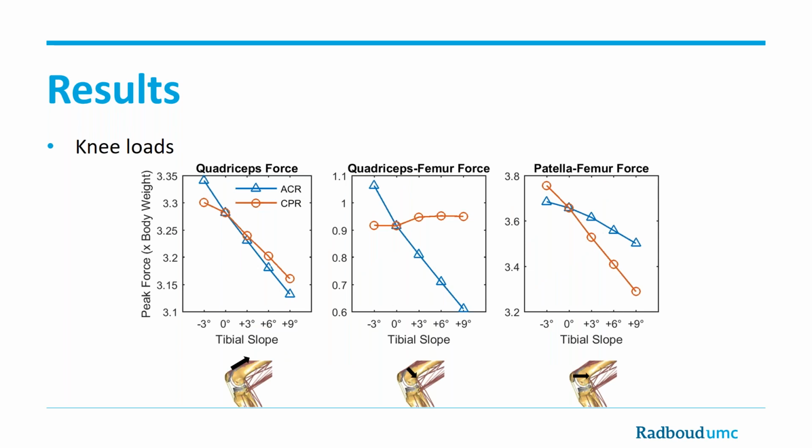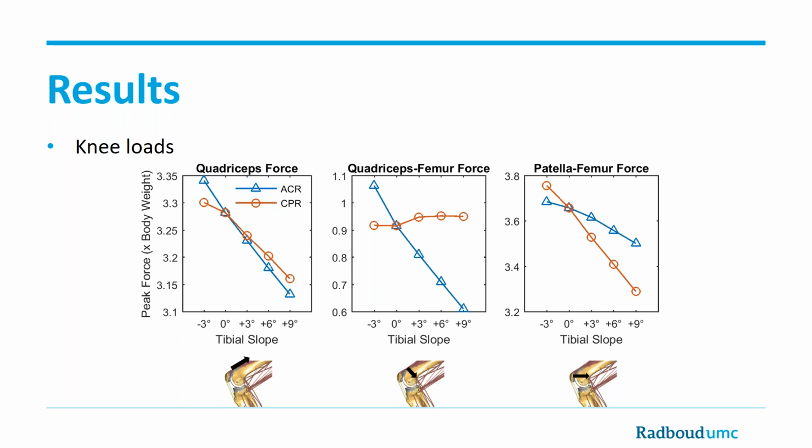So if we take these three components of force into account, we see that quadriceps force is decreasing with more slope, and this is more or less valid with both referencing techniques. However, when we look at the quadriceps tendon to femur force, we see that when using ACR, more slope determines a decrease in this force, whereas CPR keeps this force relatively stable.